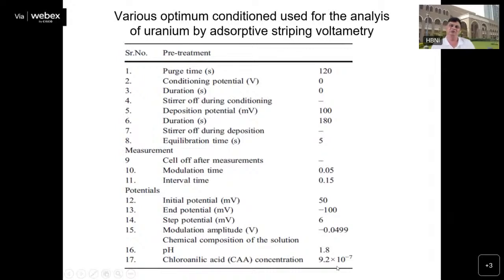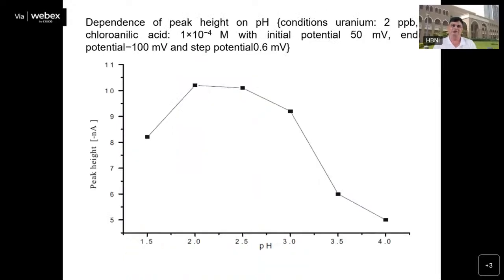As I told you, using a buffer or a very concentrated acid to maintain the pH at a particular value is important, especially when we are carrying out any adsorption by using a complex, because those adsorptions are very sensitive to pH.